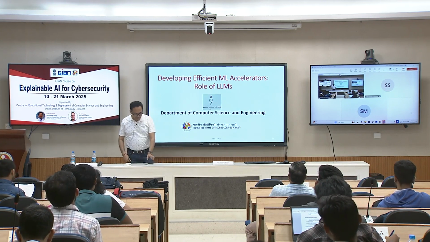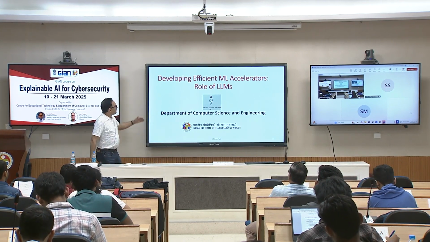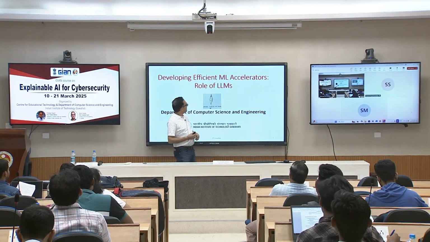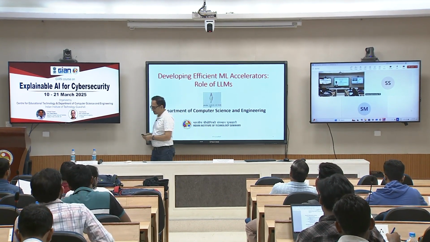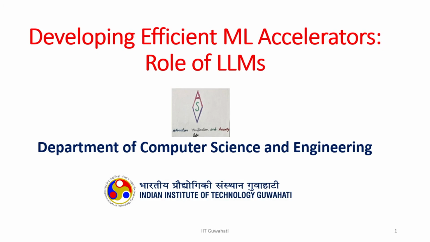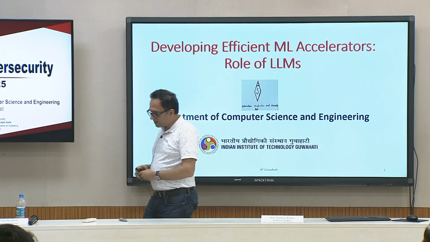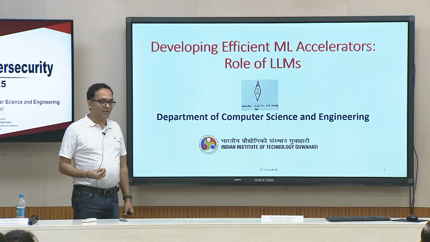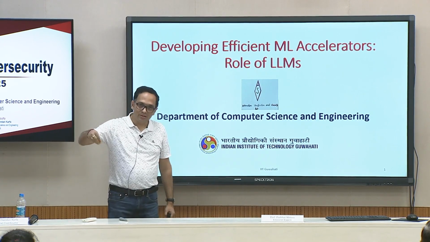So in this particular session, I will talk about developing efficient ML accelerators and how LLMs can help there. In the context of the course, this ML is being used, right. You create some machine learning model for, say, cyber security attack detection, and then you want to put it into edge devices, and that is what is called an accelerator. It tries to execute the model on hardware, and you want to create application-specific hardware in the sense that it only executes that particular trained model.